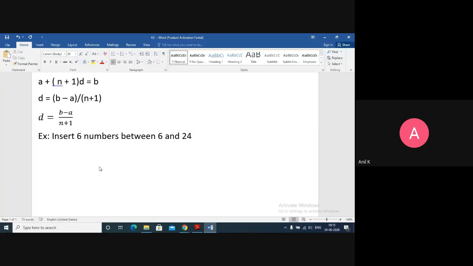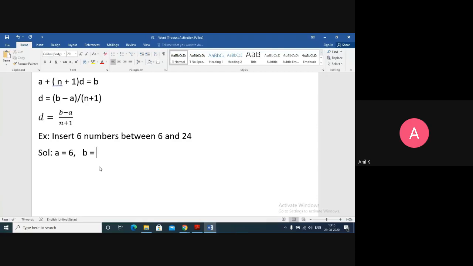If they say simply insert 6 numbers between 3 and 24, I can take 7, 10, 11, 18, 23, any numbers. But after inserting, whatever sequence you get has to form an AP.